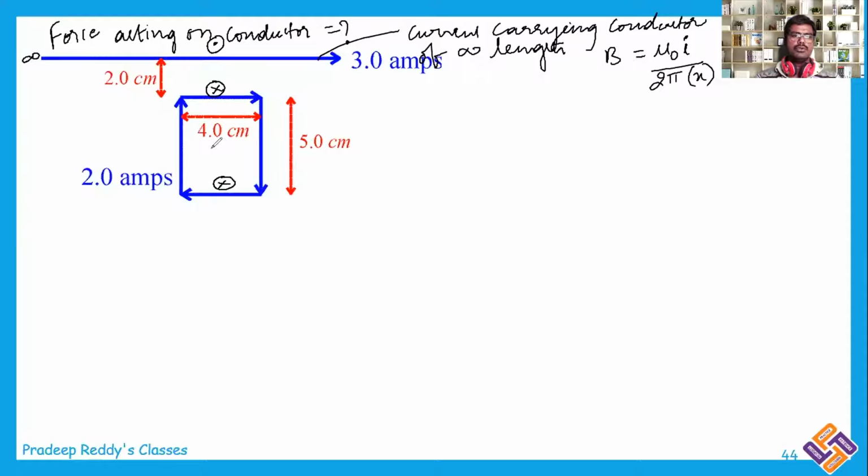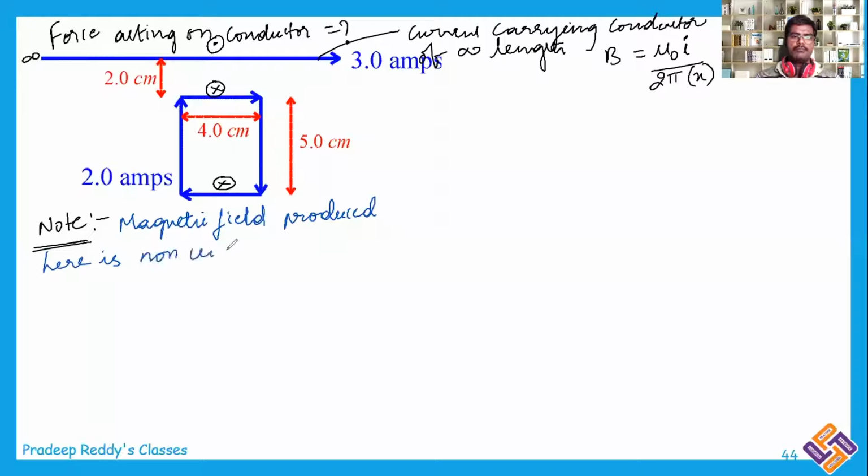Observe, it is a closed loop, and this closed loop is in a magnetic field which is variable. Understand this carefully. Note, the magnetic field produced here is non-uniform.